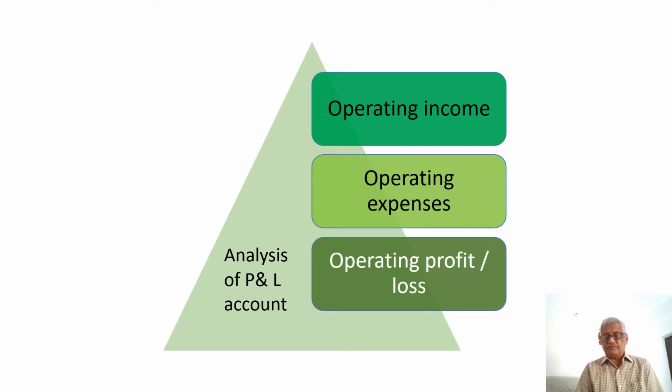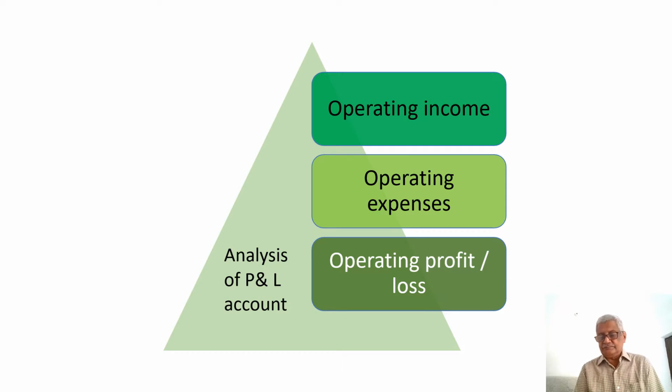The very purpose of analyzing a profit and loss account statement by reclassifying the various items therein is to understand whether there is an operating profit. When we talk about operating profit, let us understand one thing. A company could generate profit because of a contribution from income or profit from a non-operating activity.